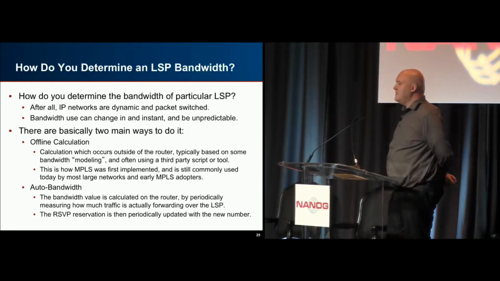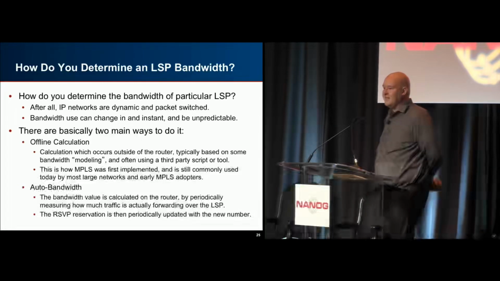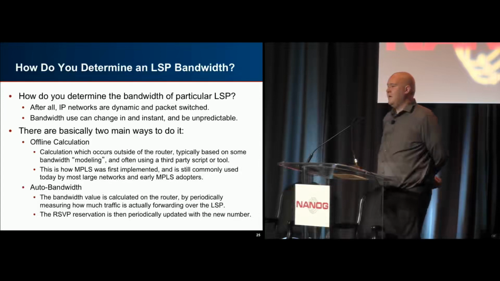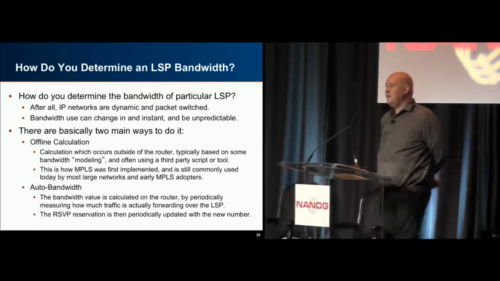And there's a third method that is now available, and I need to update the slides. There's a protocol called PCEP, Path Computation Element Protocol. What's happening there is that instead of doing its calculation in its own software, instead of doing its own auto bandwidth calculation, the router is pushing the information that it does have off to an external device.